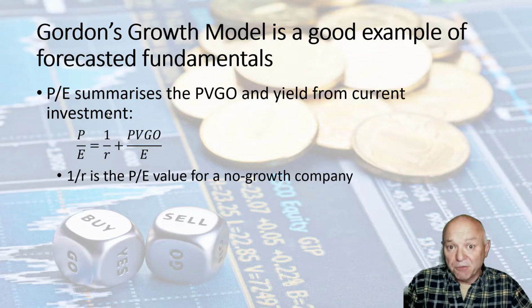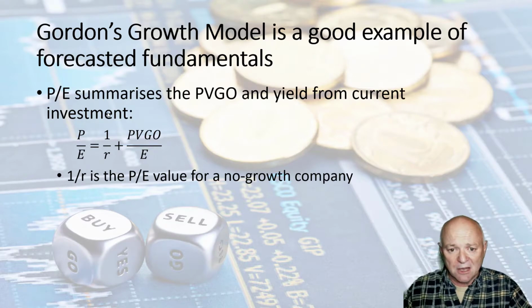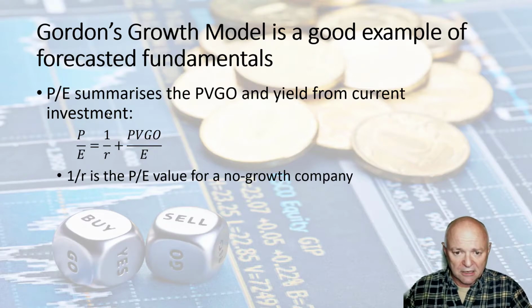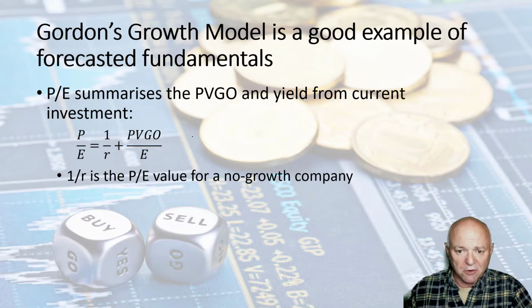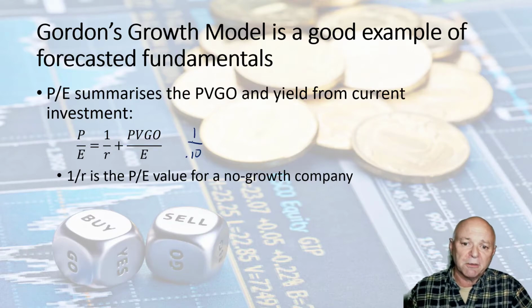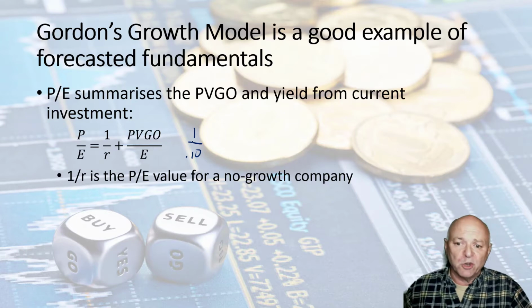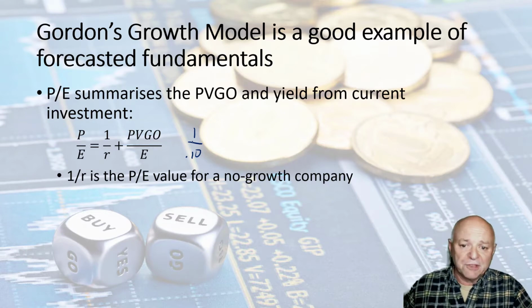So if we see, for example, that we have a cost of equity, R, of 10%. We know that in this case, our discount rate of 10% gives us essentially a standard multiplier for a no-growth company of 10 times.